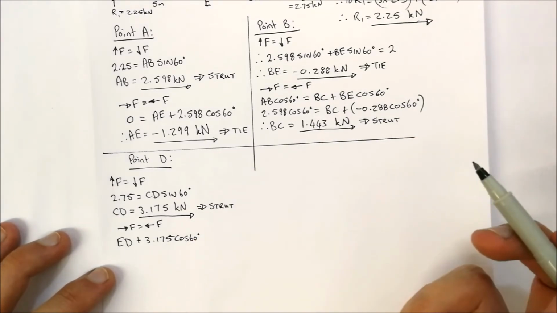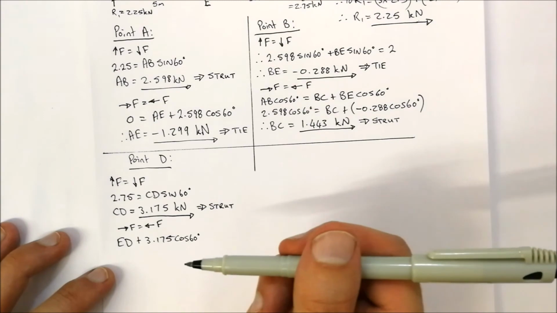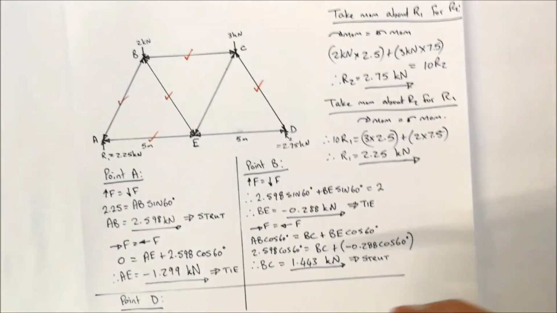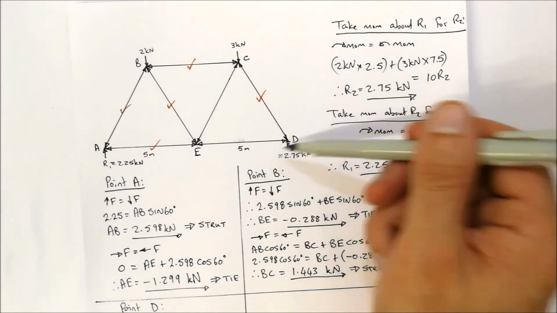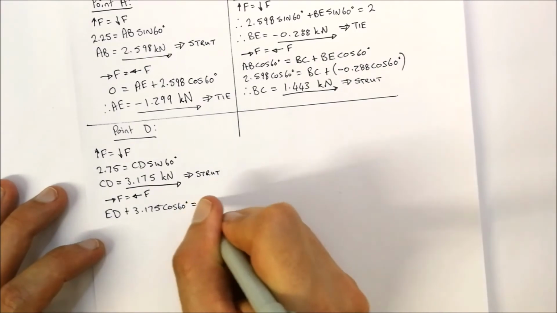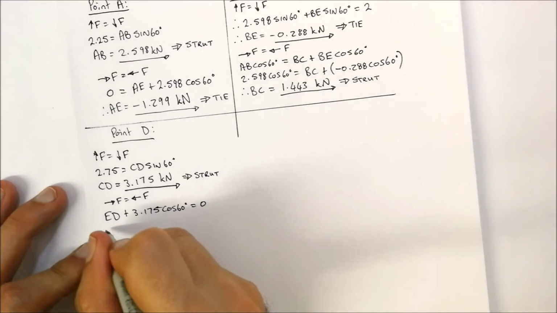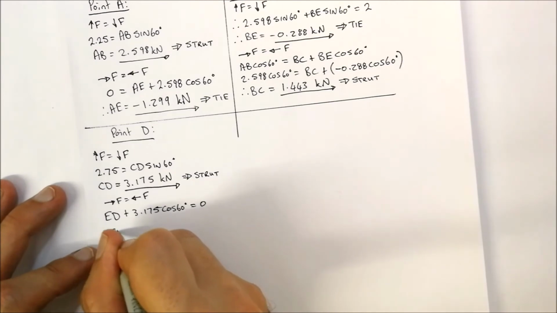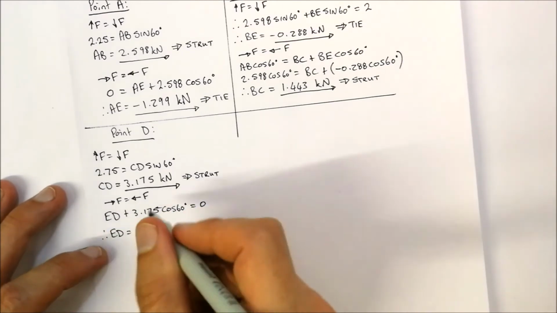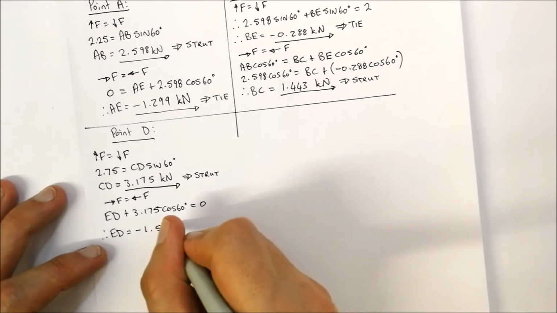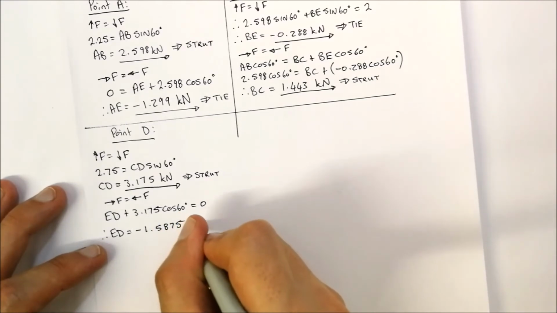What forces are acting in the left hand direction? Well, there aren't any forces acting in the left hand direction if we look at this diagram. All the forces are acting towards the right hand side. So therefore that's equal to 0. Now we make ED the subject of the formula, so ED is equal to minus 1.5875 kilonewtons.